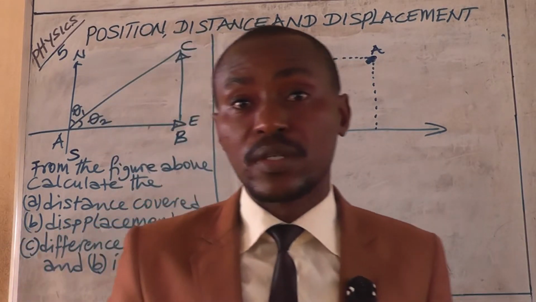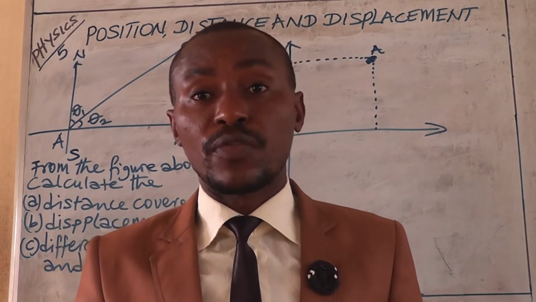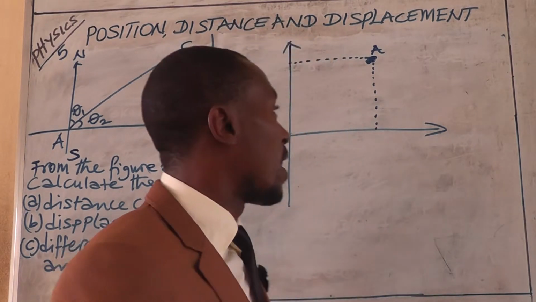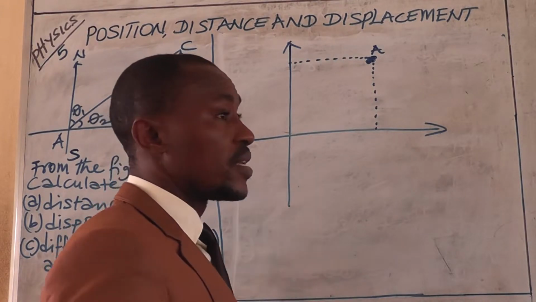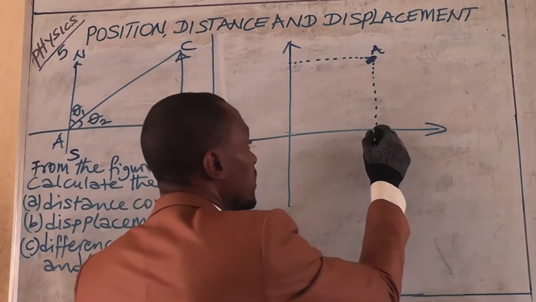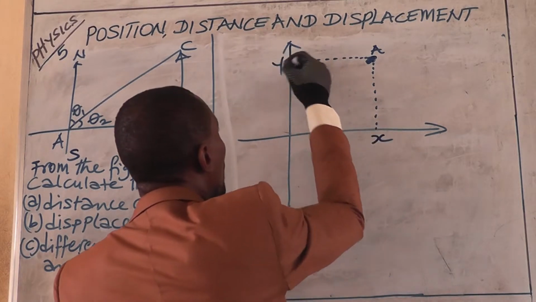So position is the location of a point using rectangular coordinates. Good. Now this position we'll see for the general case, if here is the x-axis and here is the y-axis.